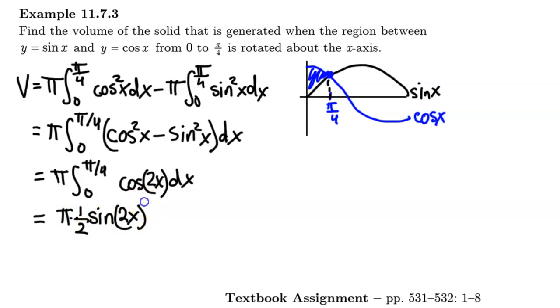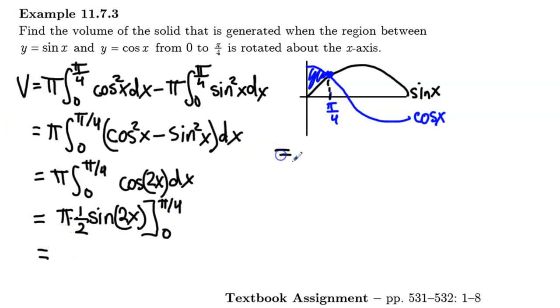Okay, and so that's it there, and so we end up with pi times half sine 2x from 0 to pi over 4 as our definite integral that we need to evaluate. Okay, so I'm just going to factor out the constants.